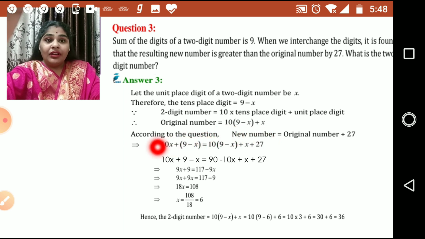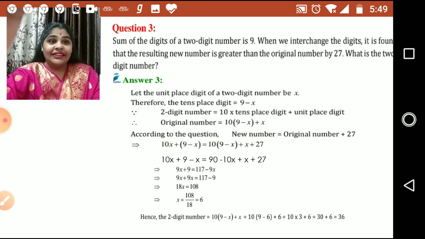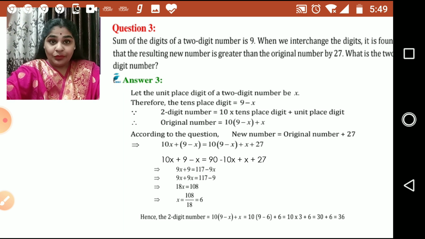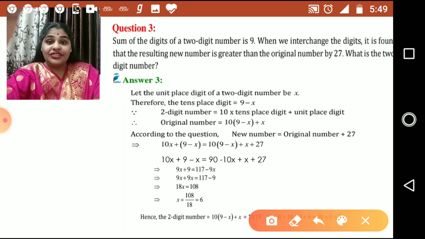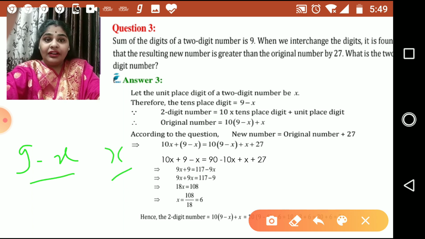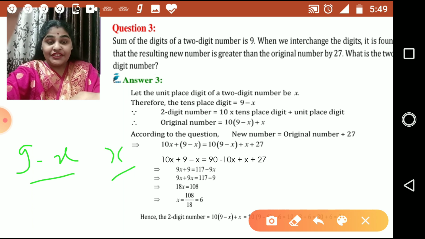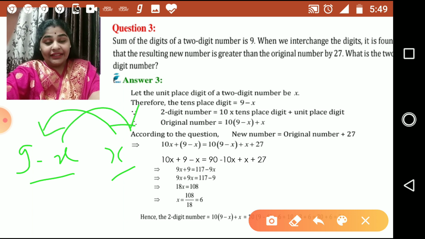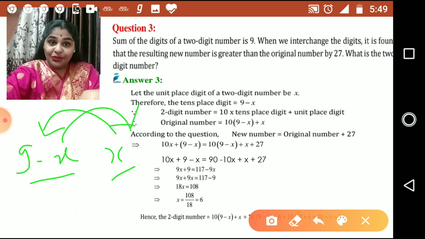Now, according to the question, let us read the next one. When we interchange the digits, children, earlier it was 9 minus x on the tens place and x on the ones place, that is the units place. Now we interchange them: the units place digit goes to tens, and the tens place digit goes to the units place.